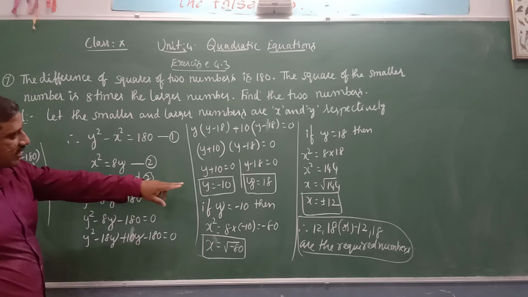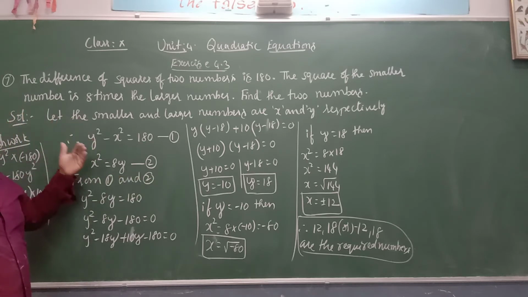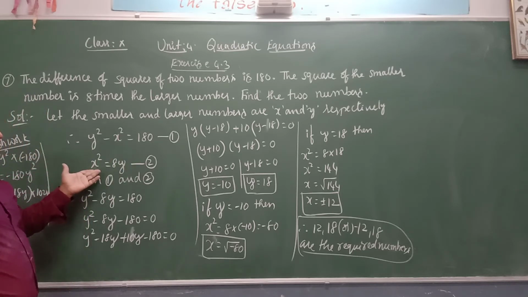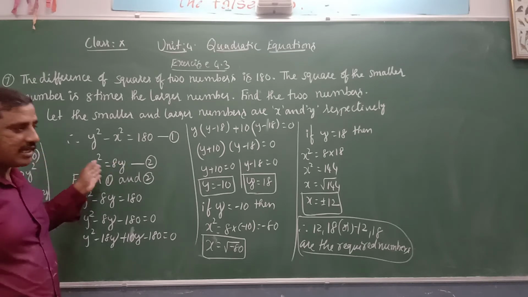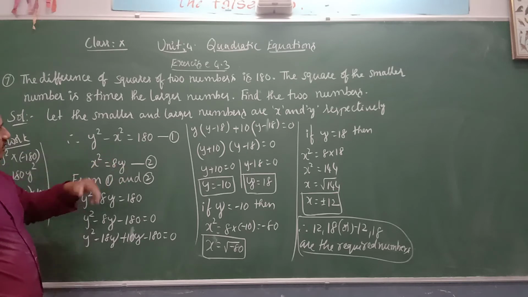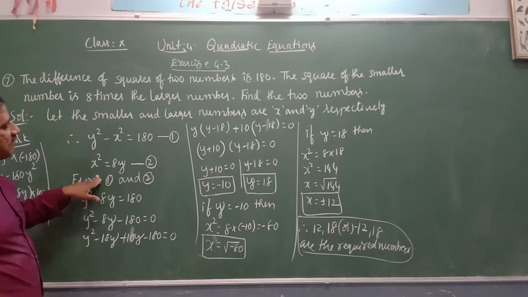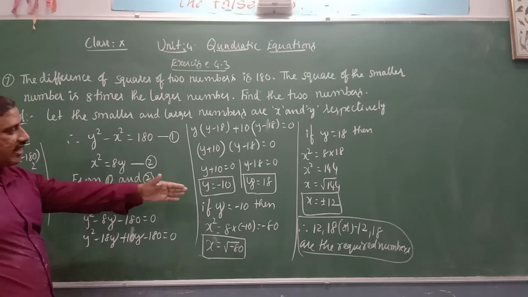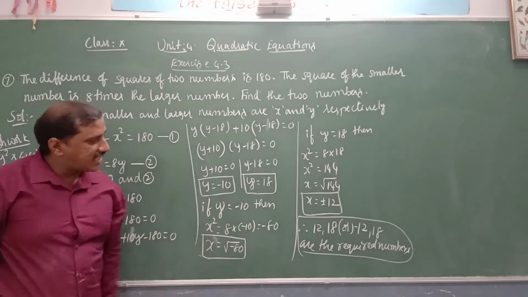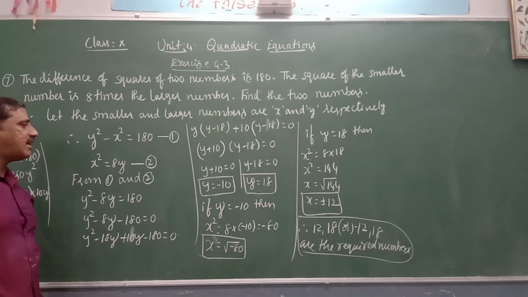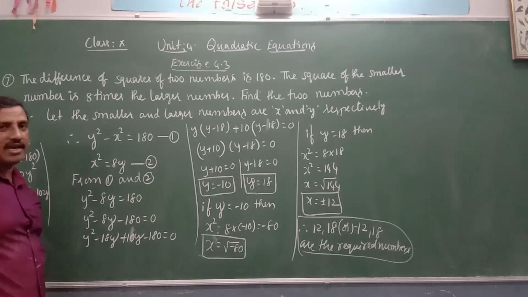And y is 18, 18 square is equal to 324. 324 minus 144 is equal to 180, it is verified. If x is equal to minus 12, minus 12 whole square is again 144, and y is equal to 18. So for x we get two values, 12 and minus 12. That is the reason. You can verify this by substituting in the equations.